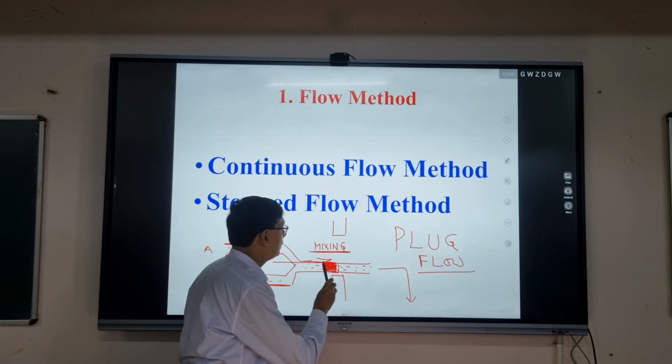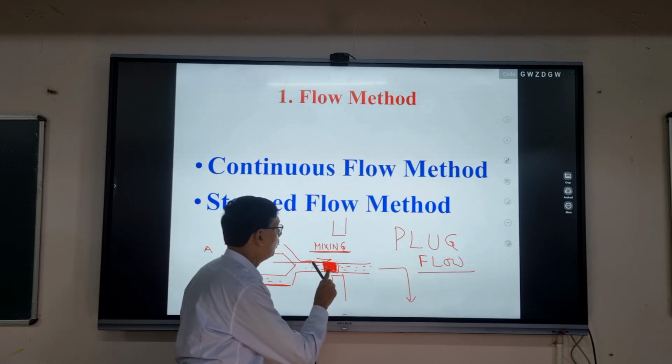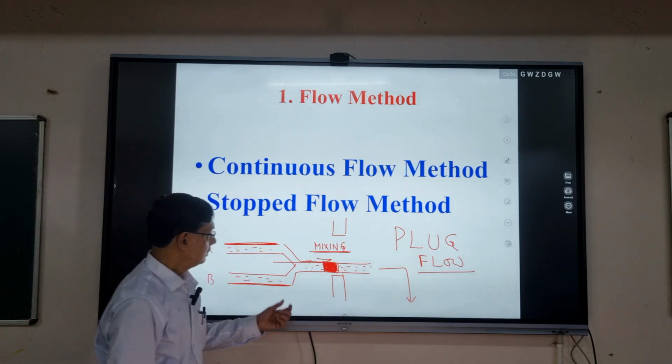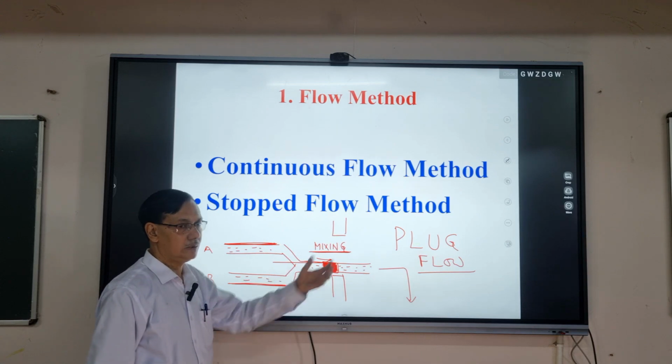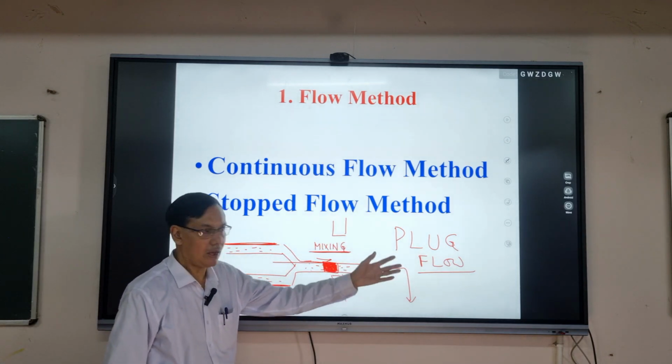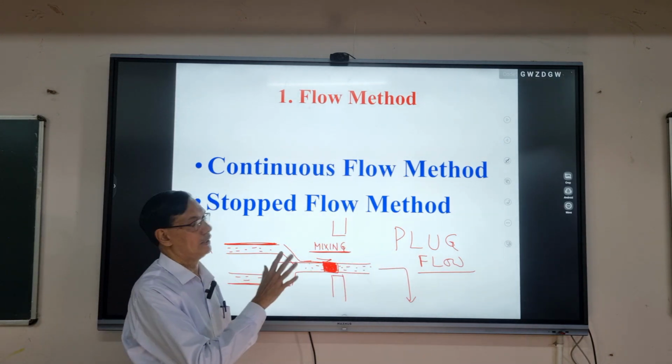So we have to determine the movement of that flow, the volume element, with respect to time. That is called the plug flow method. I'll explain this plug flow method.